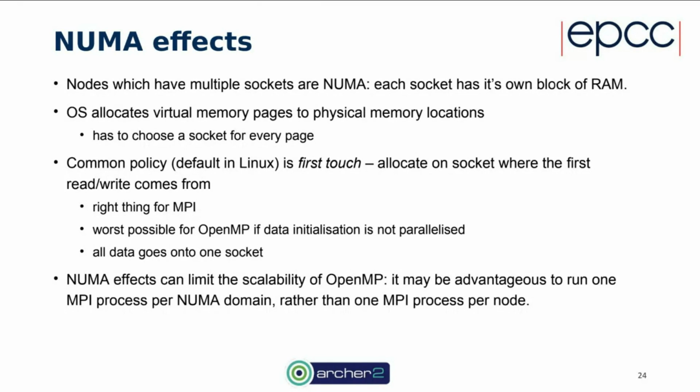This will just come out in your experiments if you try to decide how many OpenMP threads per MPI process you want to run. You will almost always find that more OpenMP threads than you have cores in a NUMA domain is not going to be optimal.